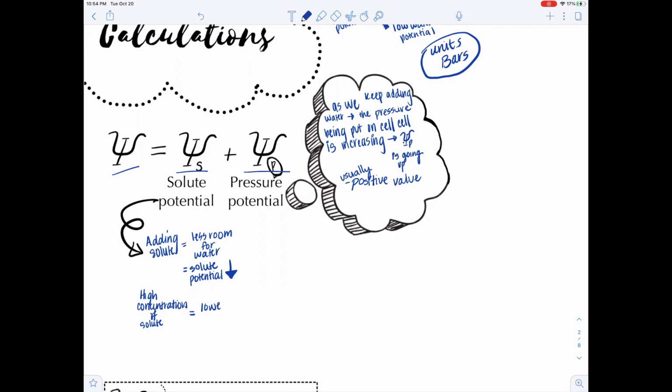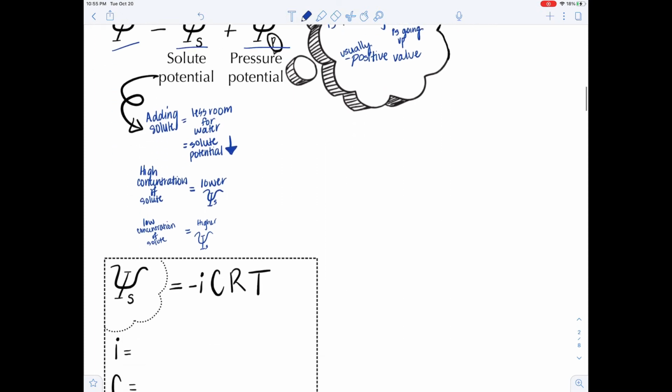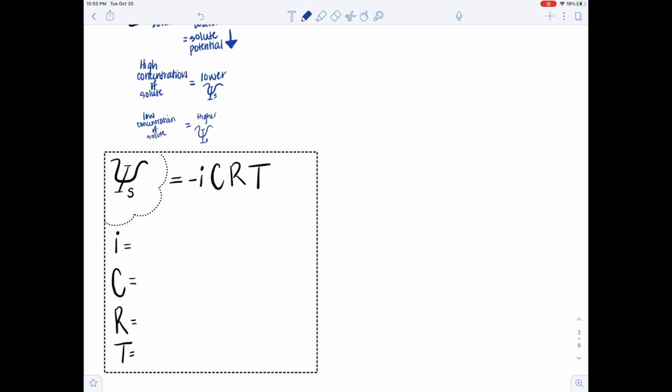High concentrations of solute are going to equal lower solute potential. Low concentrations of solutes are going to equal higher solute potential. I know this is something you have to wrap your mind around, since it's phrased so strangely.